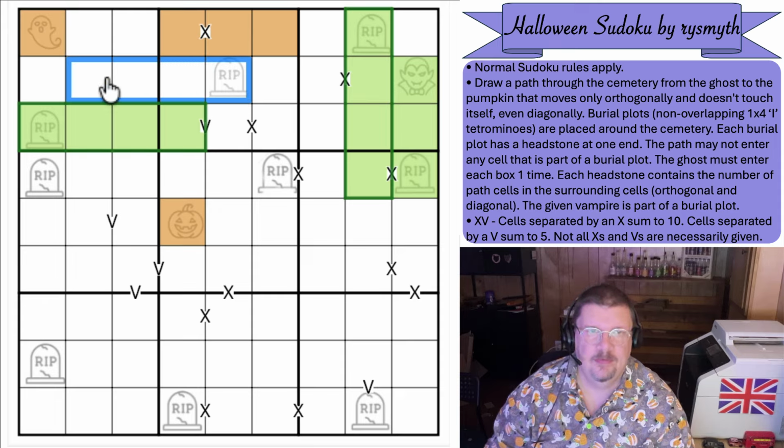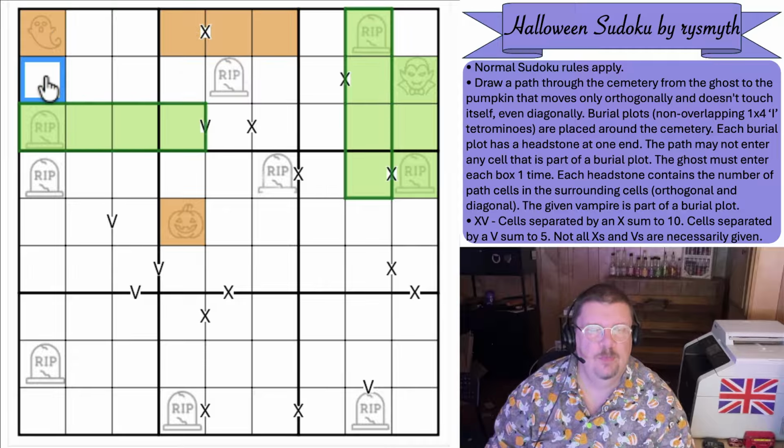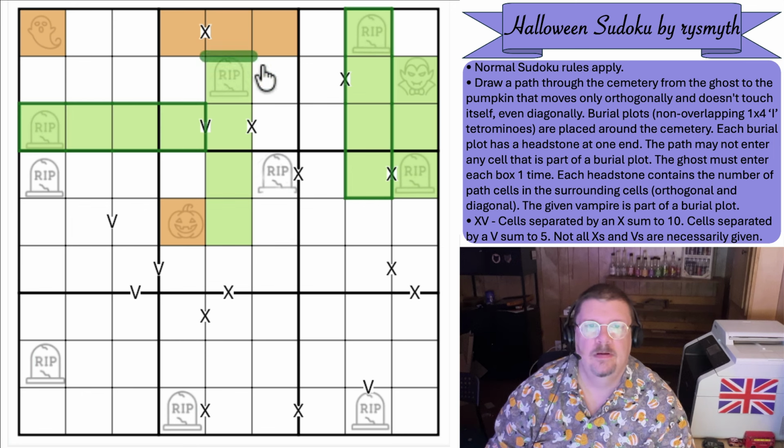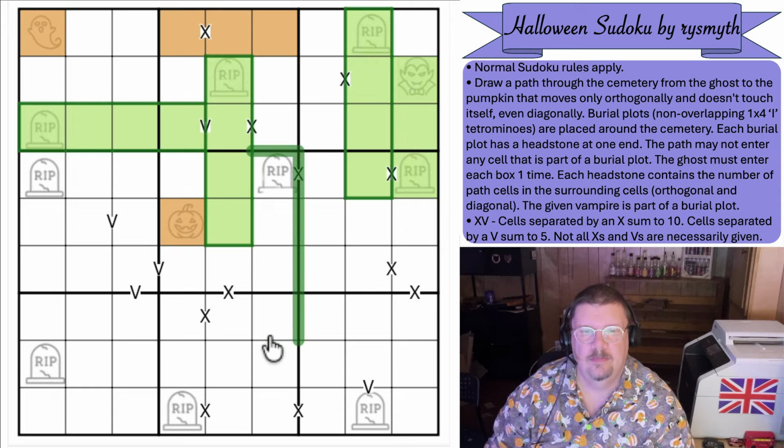If it went left, how am I going to get the ghost in and out of this one cell? It cannot go left. This has to go down. So that does that. And we can mark that like that. Now this can't go left, up, or right. So this one goes down.